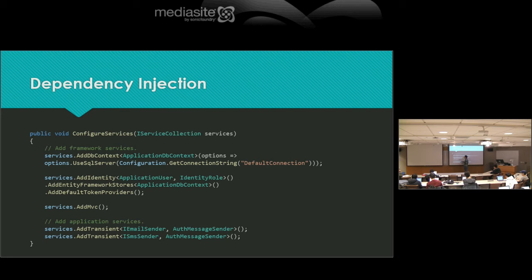Injecting and resolving dependencies is the responsibility of the IoC, inversion of control. ASP.NET Core comes with a built-in IoC container. Here, you are configuring the IoC container, and you can add the framework's built-in services, and you can register your own services.